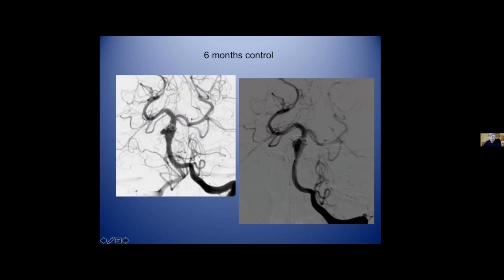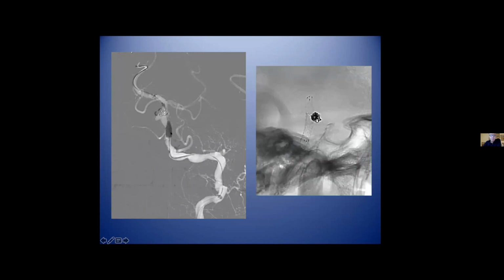At this point, I decided to treat it with a cardiac stent, a Pharos balloon expandable stent, because it has more stability over time.